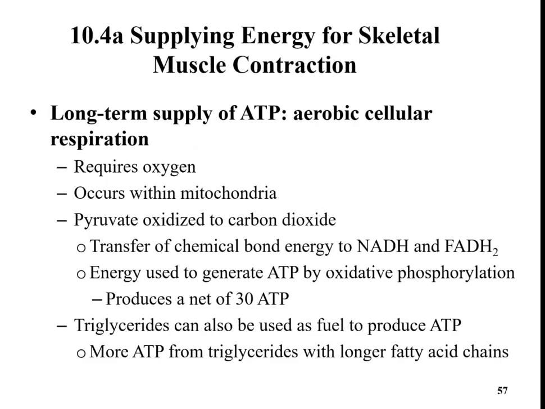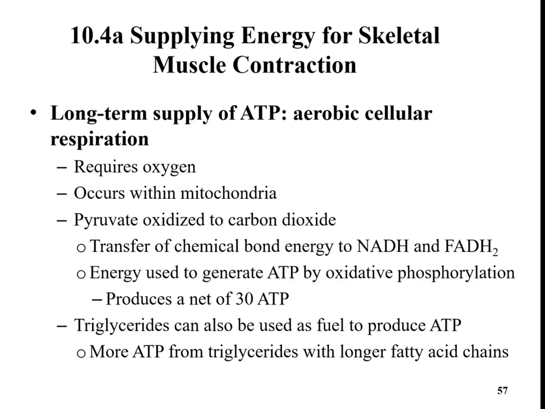Finally is long-term supply of ATP. This is going to be aerobic cellular respiration. This requires oxygen, and it occurs within the mitochondria, right? So when we say mitochondria are the powerhouses of the cell, this is what we mean. We mean they make ATP, a lot of it, through aerobic cellular respiration. But they have to have oxygen. What happens is those 2 pyruvate molecules are going to get oxidized to carbon dioxide.